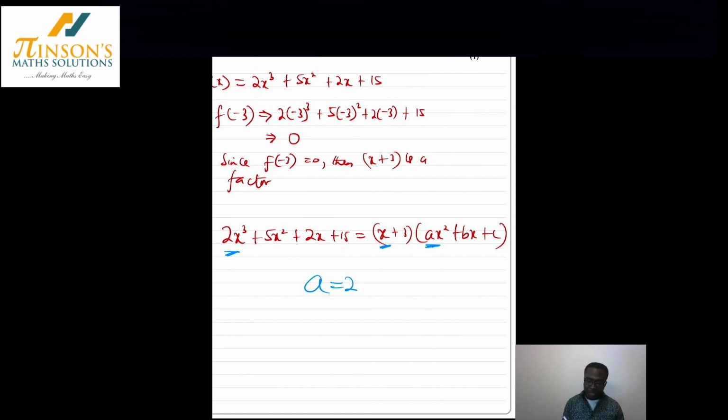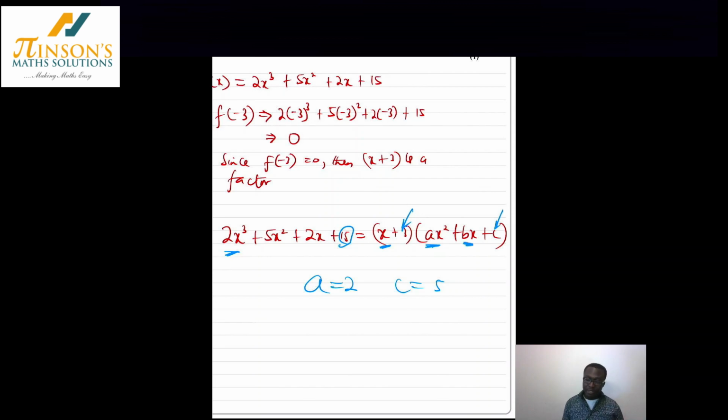Okay, so this is very similar to identities. Now to get 15, we will notice that this 3 here and this c here are the constants that will give us 15. So 3 times something is 15, and c must be 5. So we know that 3 times 5 is 15. So we've got a, we've got c. The only thing we need to get now is our b.